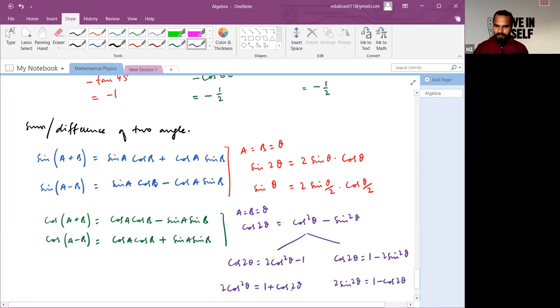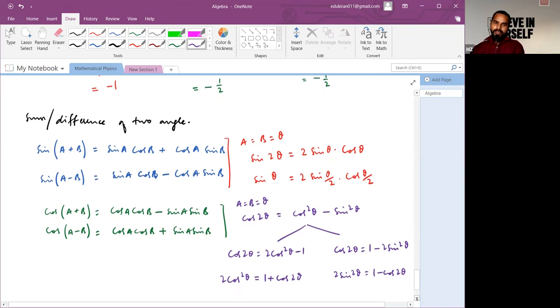Now just see, we have 2 theta here, then we have theta here. Similarly, if we have 2 theta here, then we have theta here. So if we make this particular 2 theta as theta, then this particular theta would become theta by 2.